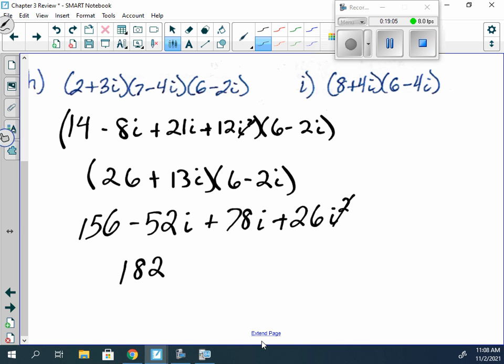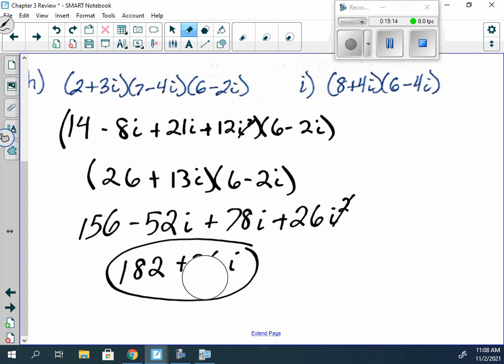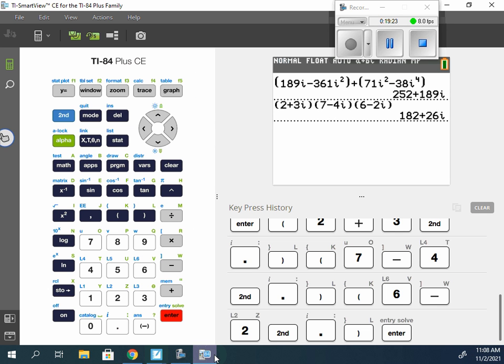And negative 52i plus 78i would be plus 26i. And if we look at the graphing calculator, it gave us the exact same thing.